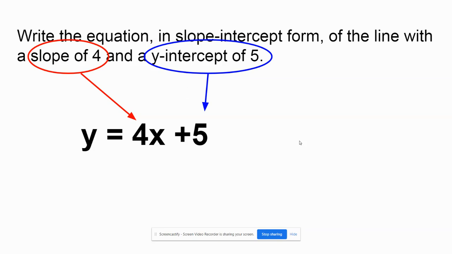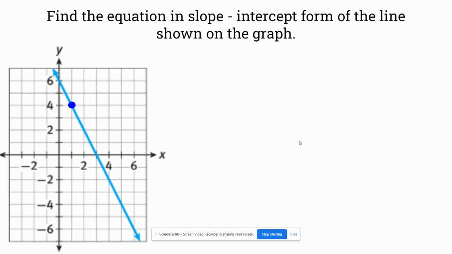Now sometimes they will give us a graph where we have to find the equation in slope-intercept form from the graph. The first thing I'm going to do is find my y-intercept. Here it's a whole number tick mark, so I'm okay to use that.